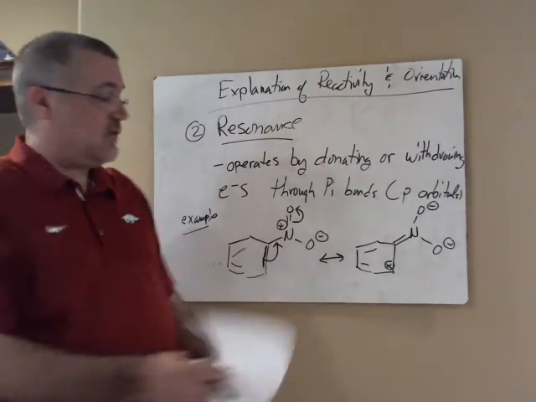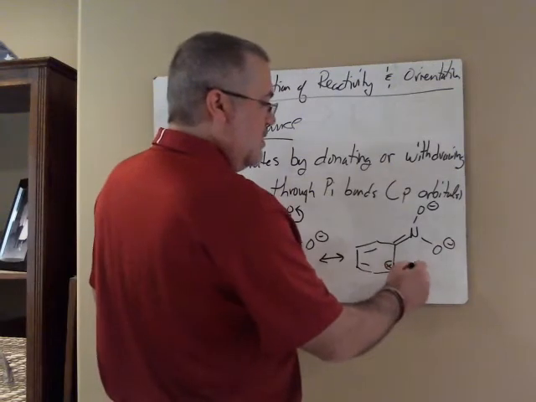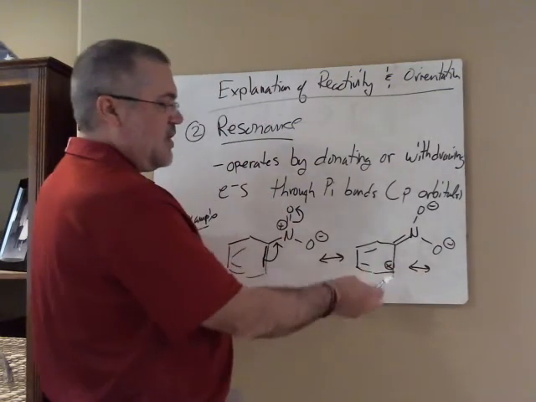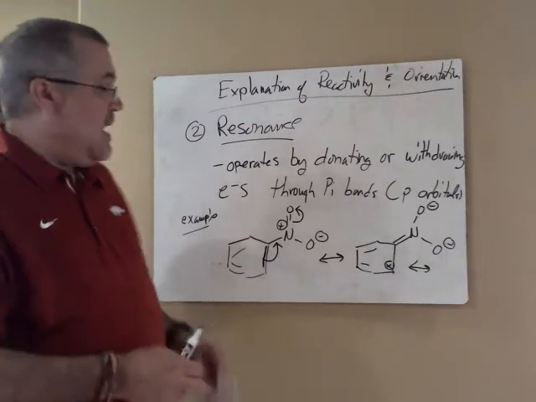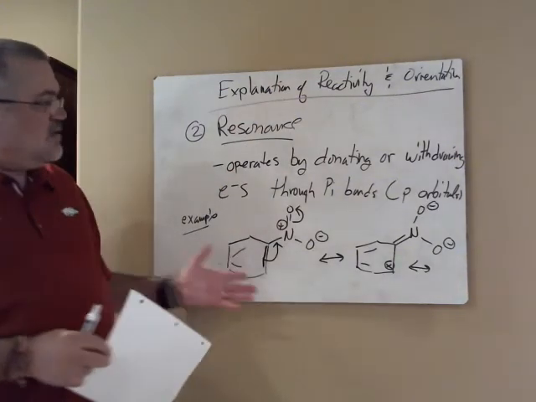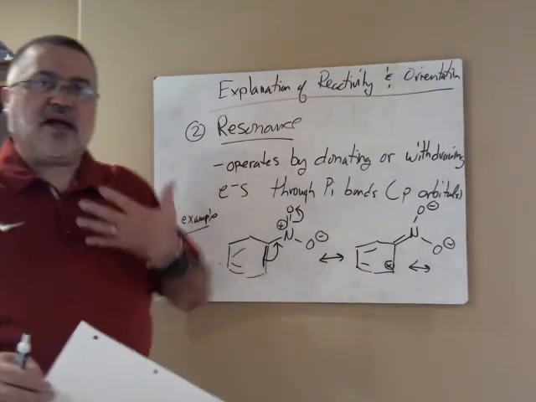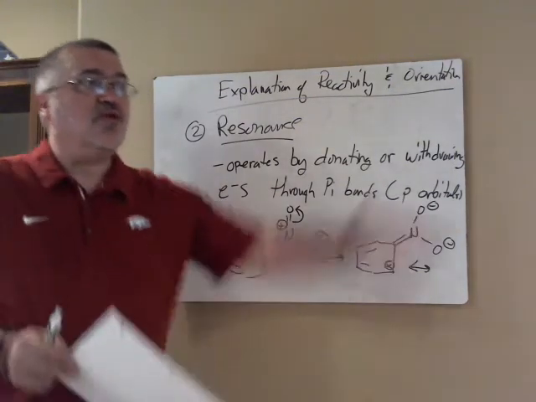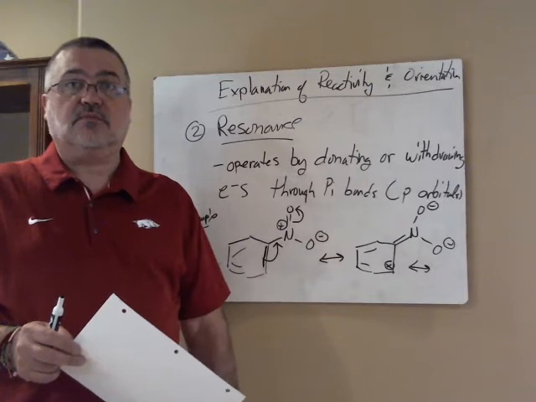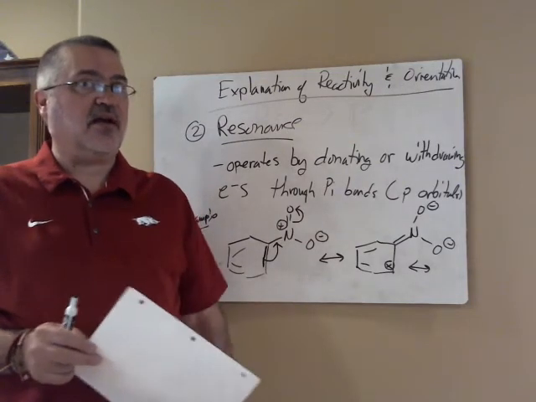And of course, you can and you will draw the other two resonance forms where that plus charge moves through the ring. And so what would that do to the reactivity of the ring? It is, in a resonance effect, removing electron density from the ring. So that is a deactivating effect.